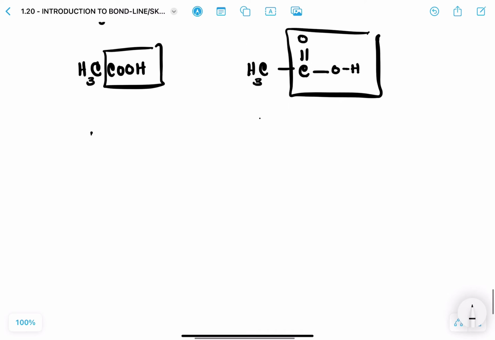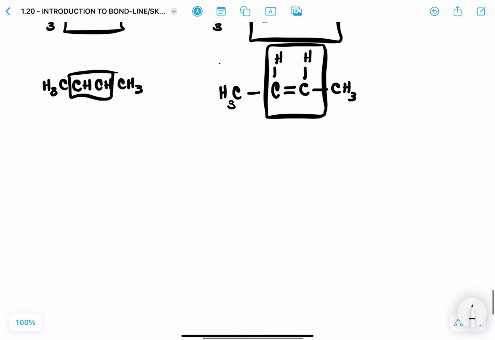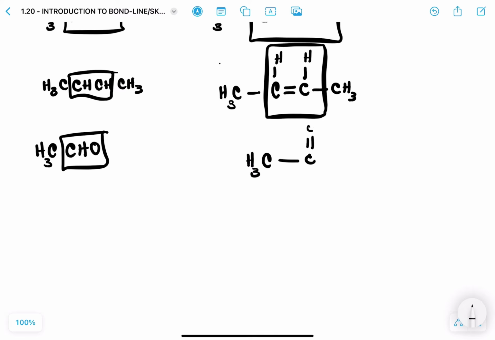Okay, now when we continue, whenever you have 2 CHs next to each other, it's going to be a double bond between the carbons. So that's another pattern that we look for. And then lastly, when we have a CHO, this represents an aldehyde.